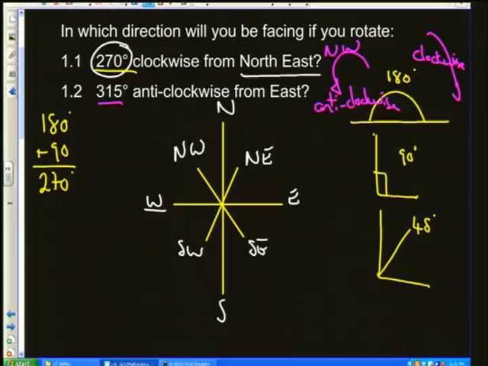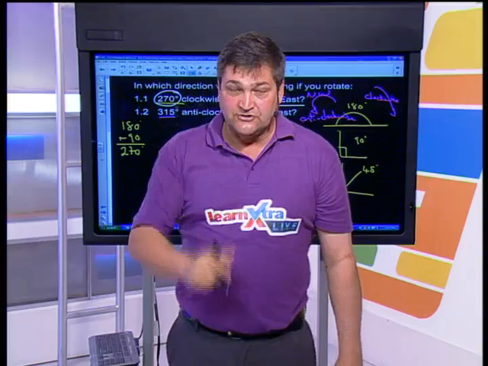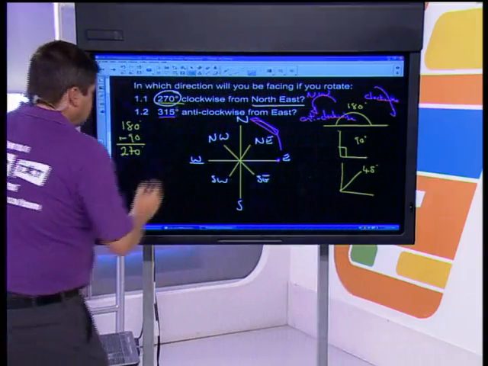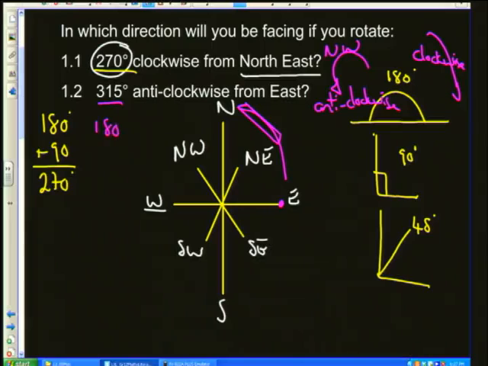Okay, so let's have a look. We're using pink. I'm starting at east. I'm going anti-clockwise, which means I'm going in this direction. I want to make up 315 degrees. That means I've got 180 degrees and 90 degrees, which we said makes 270.